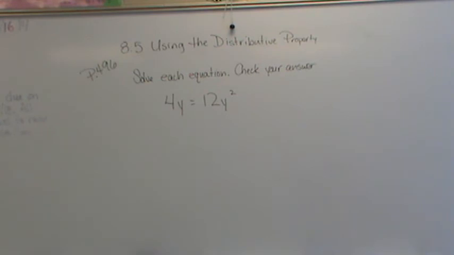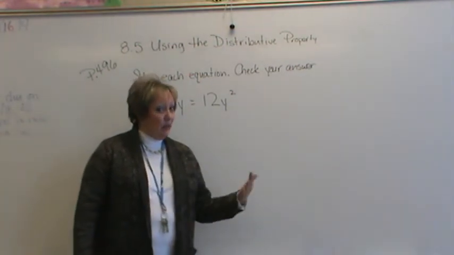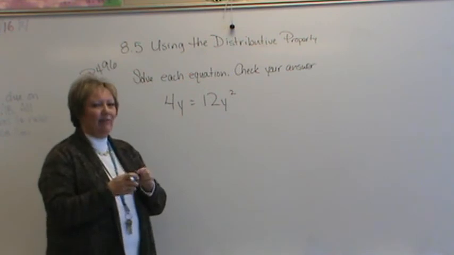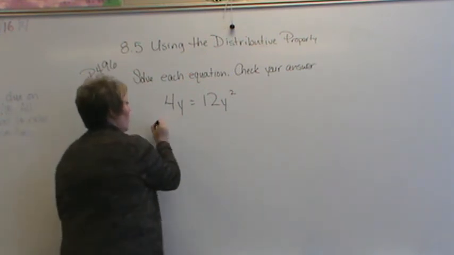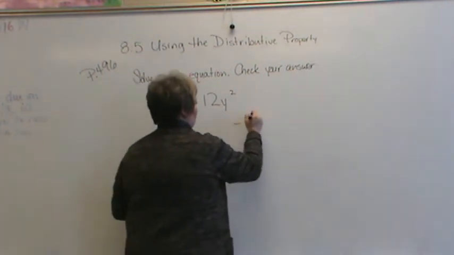This is different from the previous example that I showed you. 4y equals 12y squared. Well, to solve this, I really need something to equal 0, and I have no 0 here. So how about if I try something here? What if I subtract 4y from both sides?